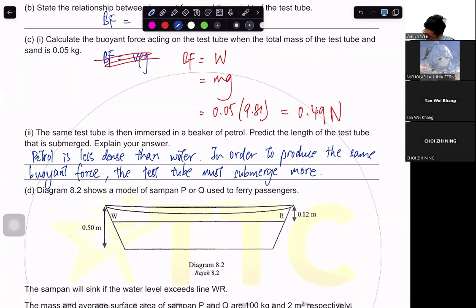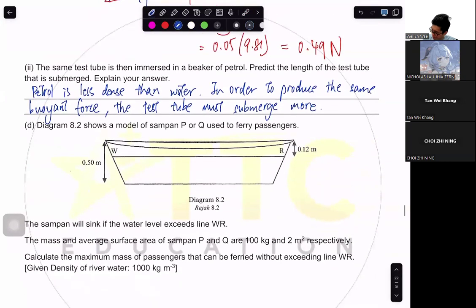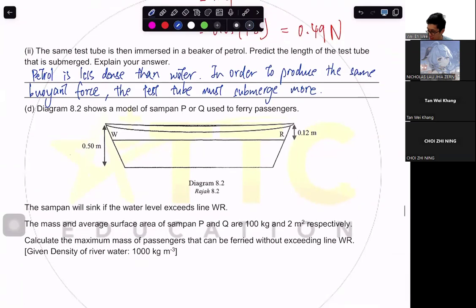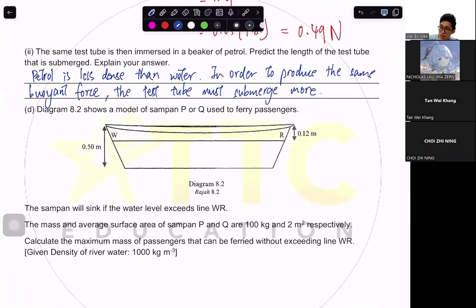Okay, understand? Now let's look at this question here. This sampan, this boat, will sink if the water level exceeds line WR, meaning if it goes above like that.